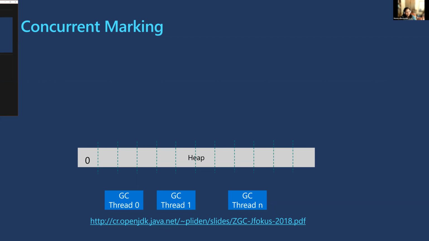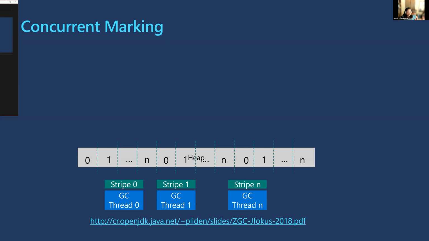So for example, you have GC thread 0, so you will have stripe 0, 1, and up to n, then again 0, 1, n, 0, 1, n, and so on. The GC threads know exactly to go for stripe 0. So once this GC thread gets done with this 0, it'll go to this 0, and so on and so forth.